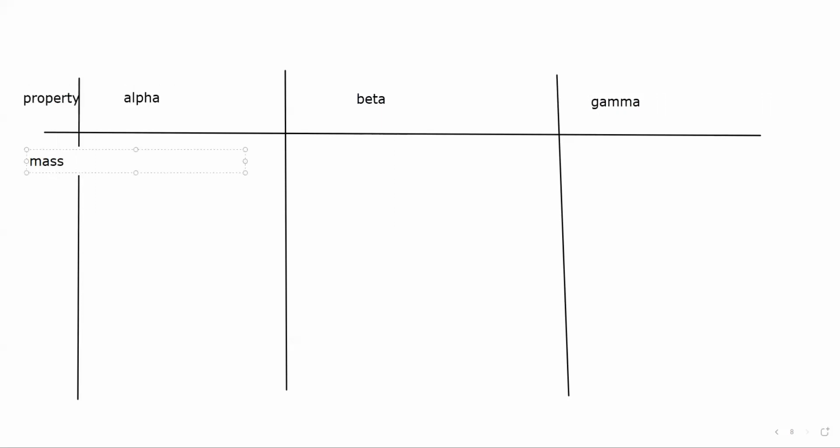So what is the mass of alpha? Alpha is actually the sum of 2 protons plus 2 neutrons. Like the mass is the sum of 2 protons and 2 neutrons.